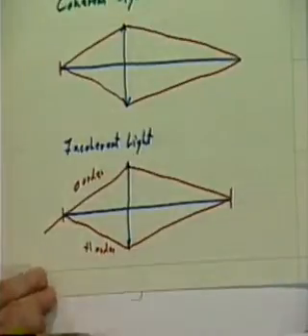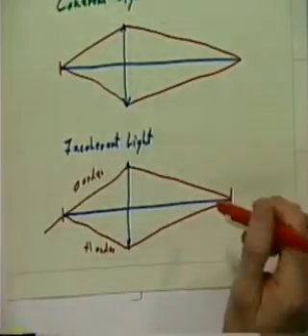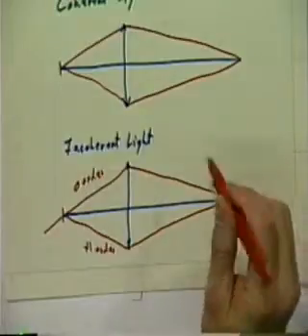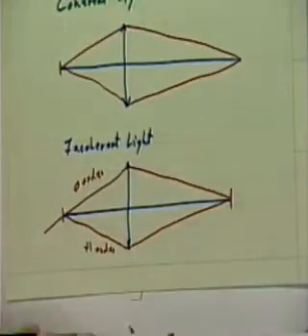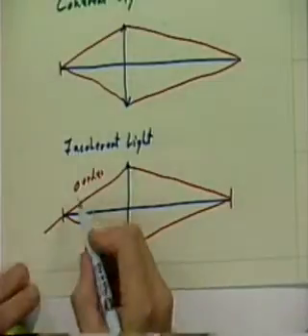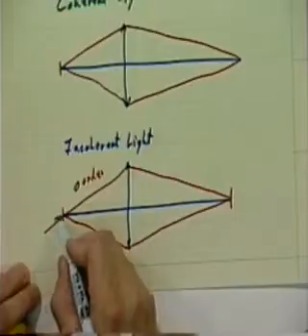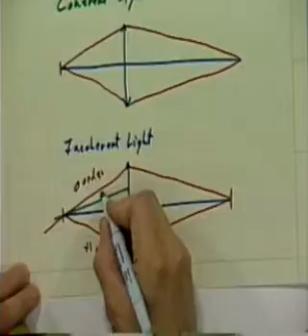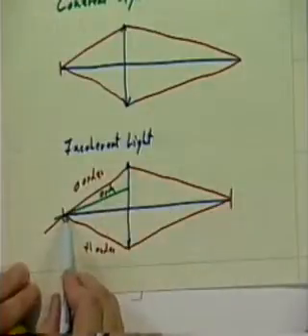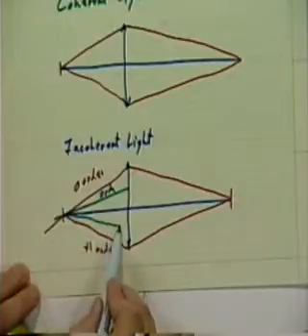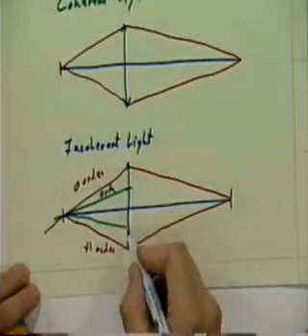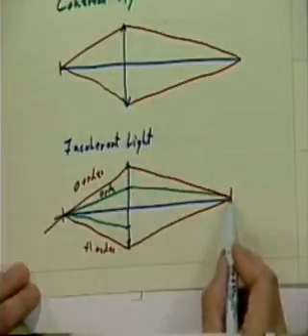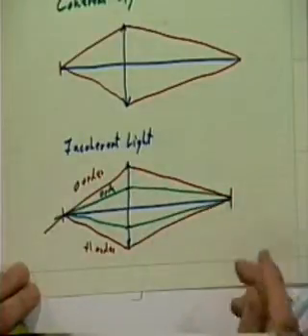If I go to lower spatial frequencies here, well, let's see if I have another color that doesn't look the same. I could think of light coming in here, that being a zero order, and then light being diffracted down here. And this light interfering will produce a different spatial frequency.